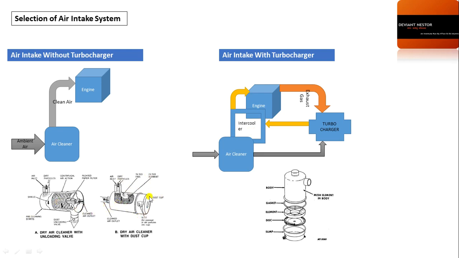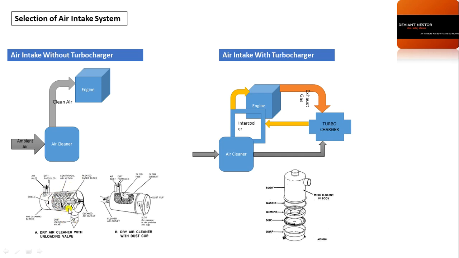Now the air intake system or air cleaner has two types: the first is the dry type and the second is the wet type. In the dry type of air cleaner, as you can see in the slide, this one is the air inlet. Air comes in when there is suction from the engine, and it gets cleaned by the air cleaner.